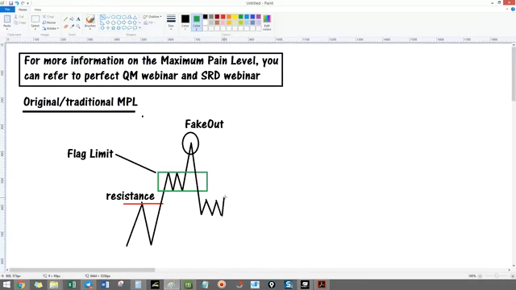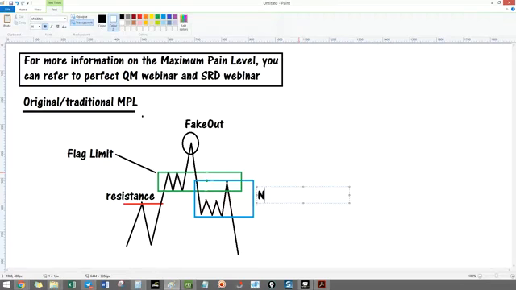And to make it an MPL, price must retrace and go down. Sorry, it should be longer. So this is the new flat limit.